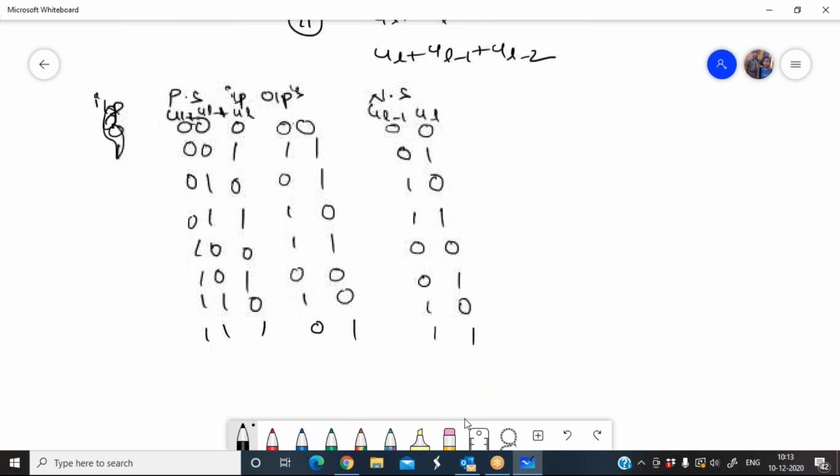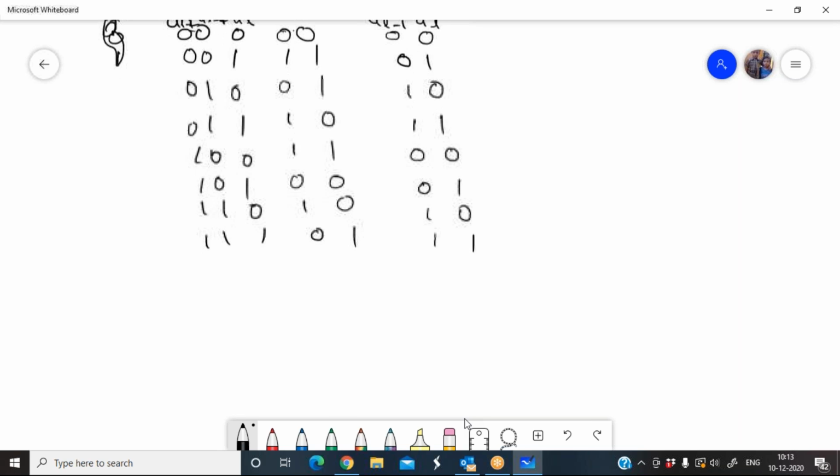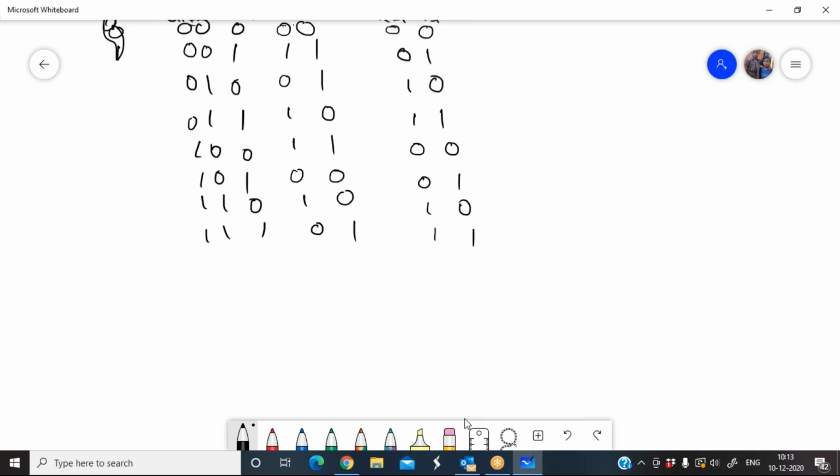Right. Now based on this, look at the state diagram. I want to draw the state diagram here. So 4 states here: 0 0, 0 1, 1 0, 1 1. Now 0 0 is the present state. If input is 0, next state is 0 0, that is 0 by 0 0.